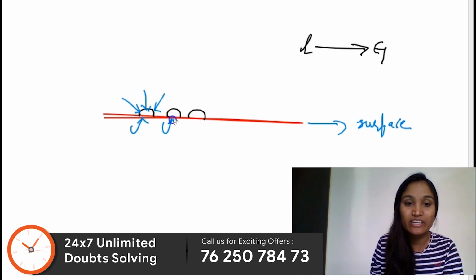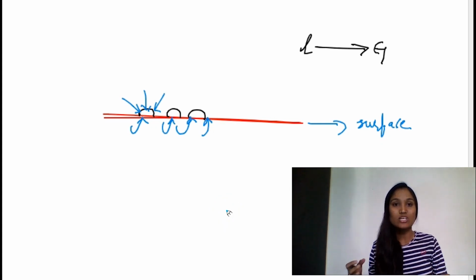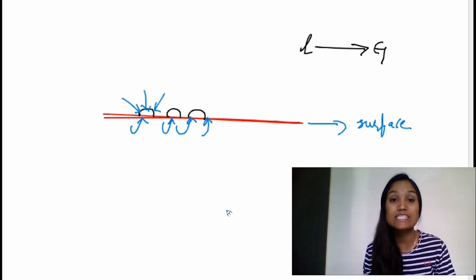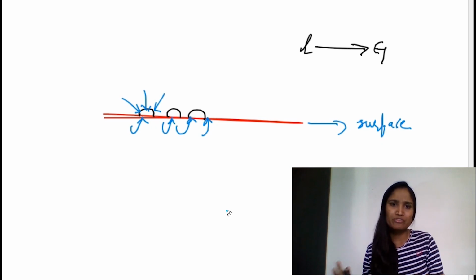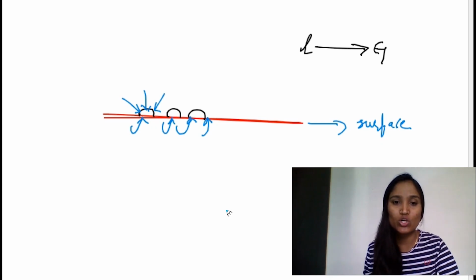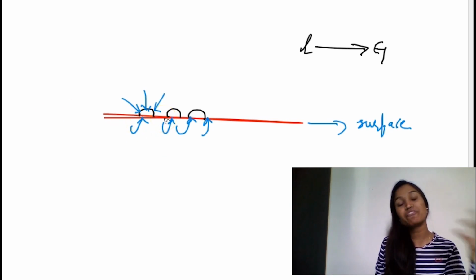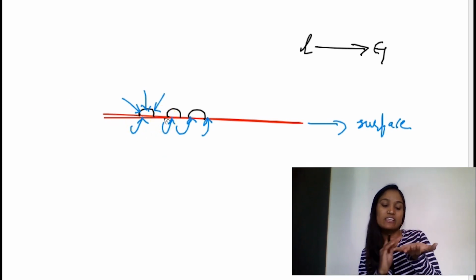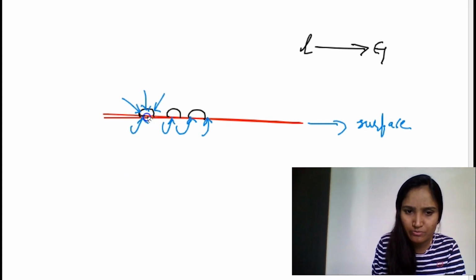They absorb energy from your body surface also, because your body surface is at 37 degrees Celsius, which means it has ample energy to provide to these droplets. So during evaporation, along with taking energy from the surroundings, these droplets are taking energy from your skin, from your body.